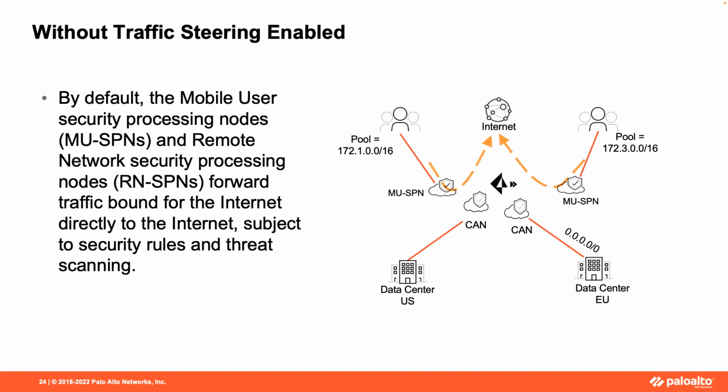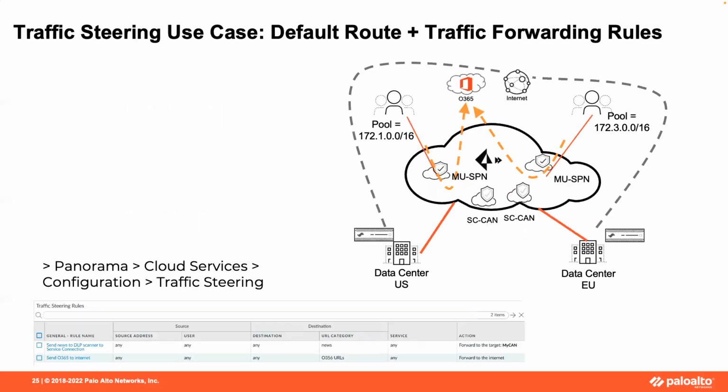But if there are certain connections, certain types of traffic, certain users, certain applications, certain IP addresses, remember all the source and destination information we can use, that need to go in a different direction, we have the ability to do that. We have the ability to first send them down a service connection and then out to the internet, or say some traffic goes out to the internet and other traffic goes to a data center.